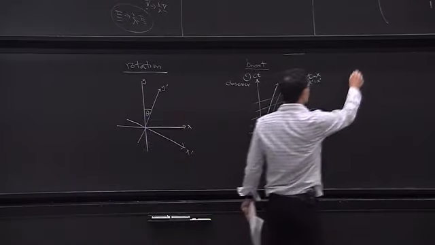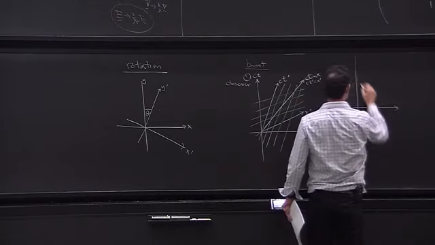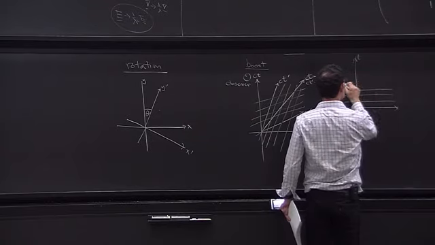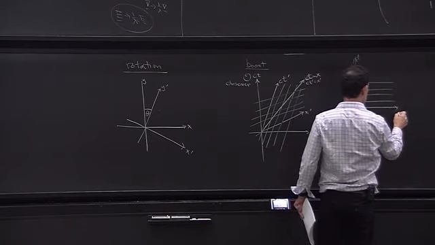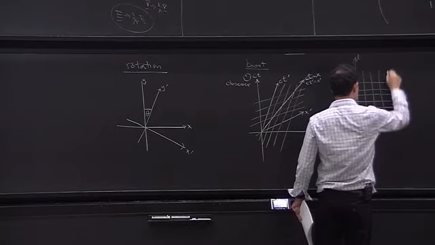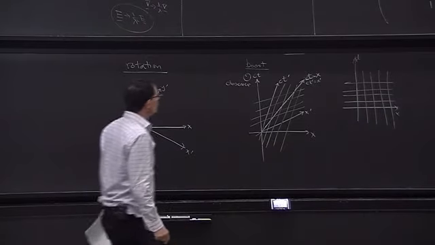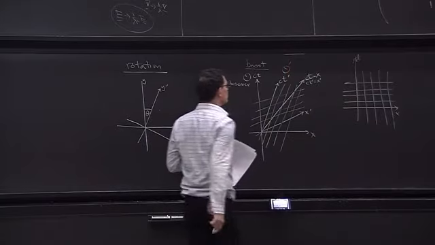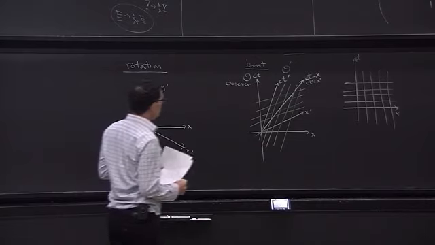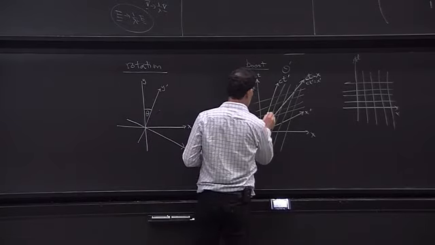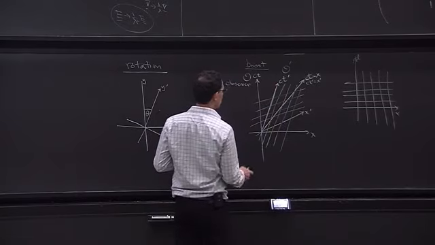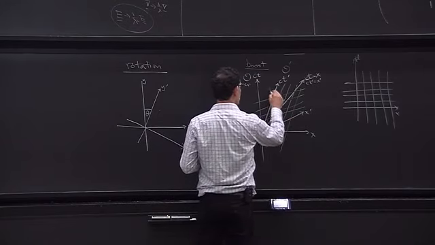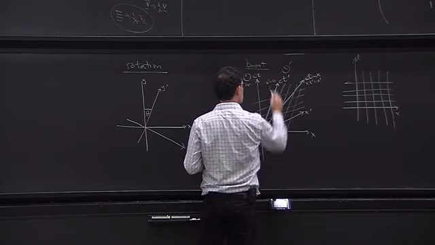So I would be using coordinates like this, ct and x. But somebody who's moving, let's call them O prime, some primed observer, according to me, they are moving along this line, because they are at x prime equals 0. This line here is x prime equals 0.